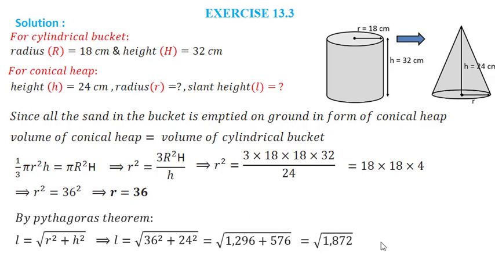Now you can find square root of 1872 by two methods. You already know how to calculate. One is by prime factorization and another is by long division method. So we are using here the factorization method. We will first divide this 1872 by the least prime number.